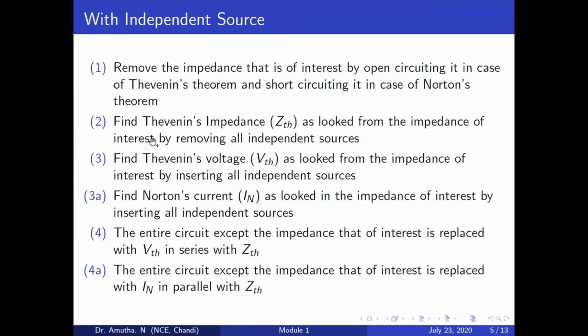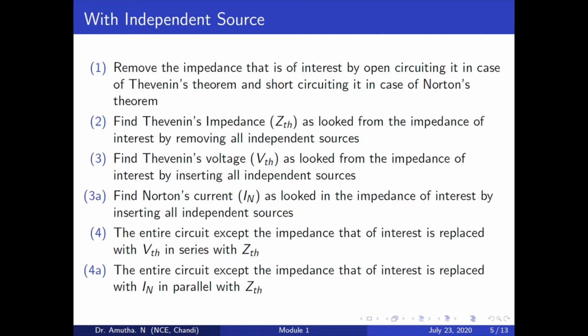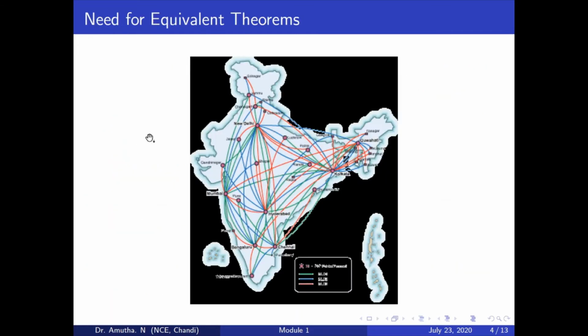We have to remove the circuit or the load impedance of our interest, and then we look into the circuit from that point. Okay, in Patna we are going to apply some load, right?